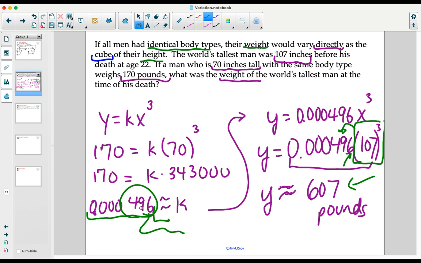Because this decimal goes on forever, we're not in a position to write all of those decimal values, so we make a choice to round somewhere. Depending on where you chose to round, you might have written 0.0005. That will affect this answer because of the size of the 107 cubed.